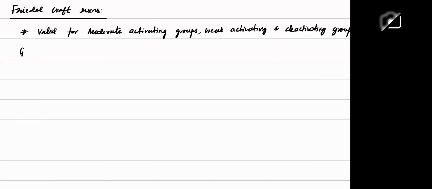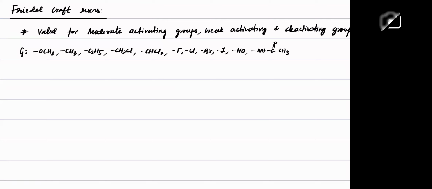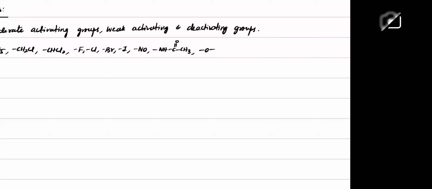If you notice, OCH3, CH3, C2H5, CH2Cl, CHCl2, fluorine, chlorine, bromine, iodine, NO, NHC=O CH3, OC=O CH3, CH=CH2, C triple bond CH.